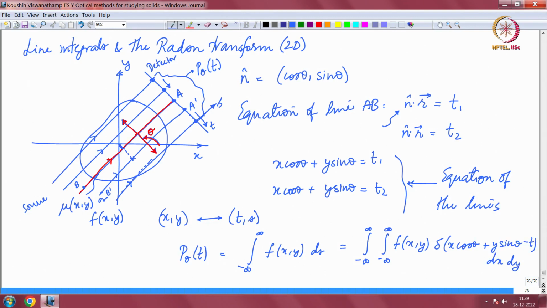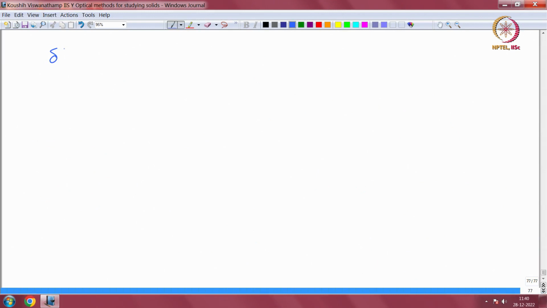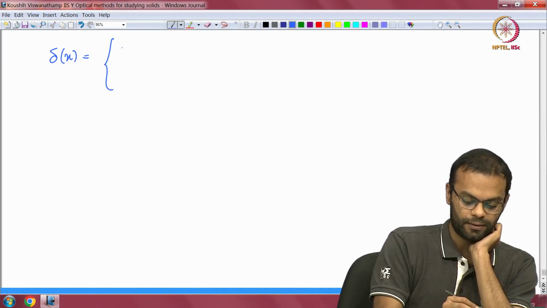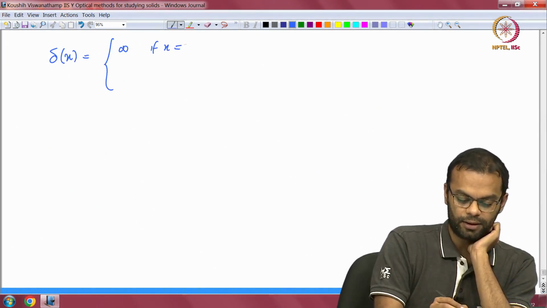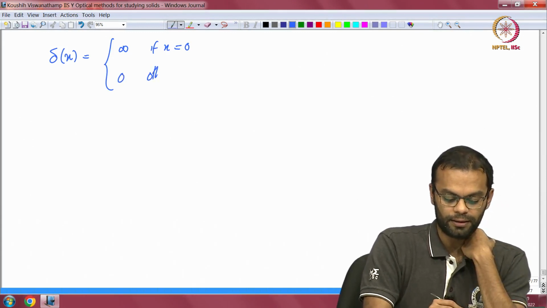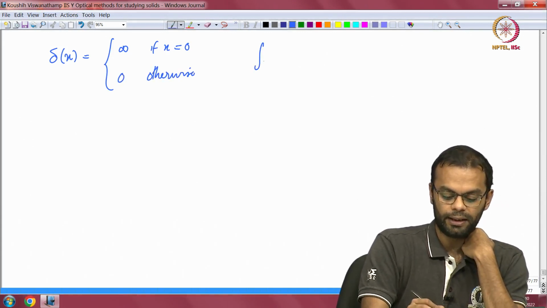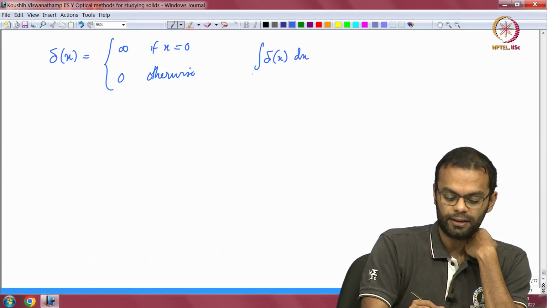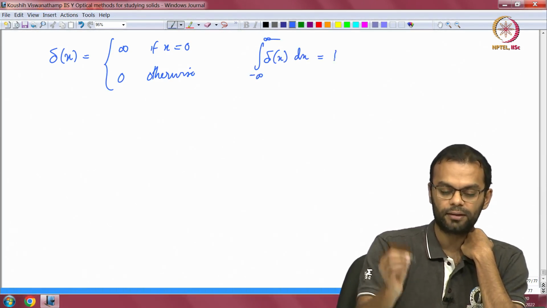Okay. It can be written as a double integral with this function called a delta function or a Dirac delta function. Okay. The Dirac delta function has the following properties: it is infinite if x equals 0, it is 0 otherwise, and integral delta of x dx from minus infinity to plus infinity is equal to 1.